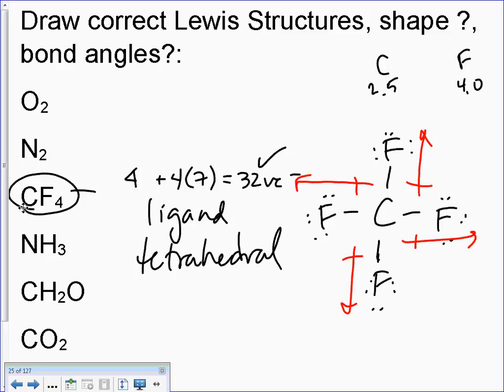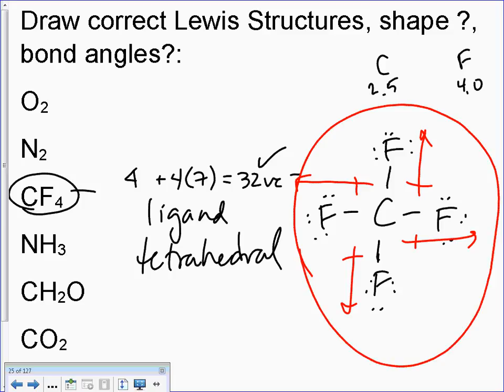Okay, so what we have here is a part of a molecule. If you think of it as a big circle, we have an equal electronegativity difference outward and outward. So we have an equal distribution of this partial negative charge, right? Would you consider this molecule polar or nonpolar? Nonpolar.